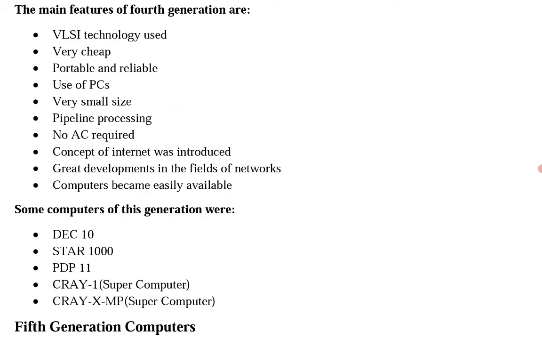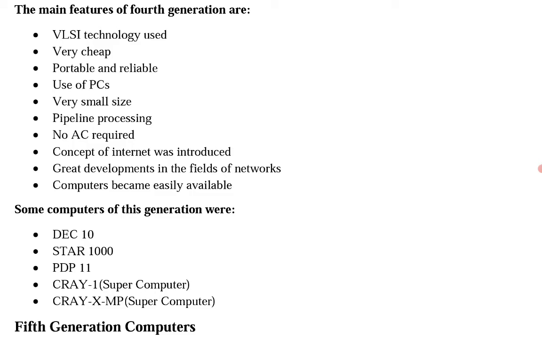What is VLSI? VLSI is very large scale integrated circuits. It is also a chip which contains more than 5,000 transistors. Very cheap, portable, reliable. They are also called PCs, personal computers, very small in size, and no ACs are required.